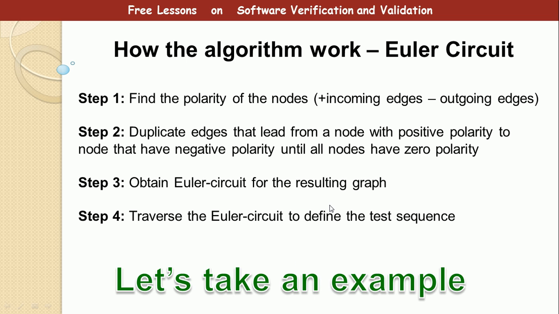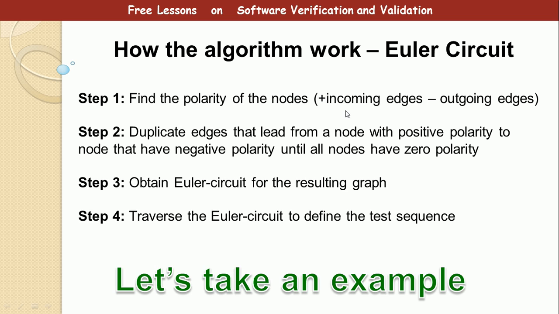How the algorithm works. The algorithm has 4 steps for Euler circuits. 1. Find the polarity of the nodes. Second, duplicate the edges that lead from one node with positive polarity to the node that have negative polarity until all nodes have 0 polarity. Now, how do you find the polarity of a node?